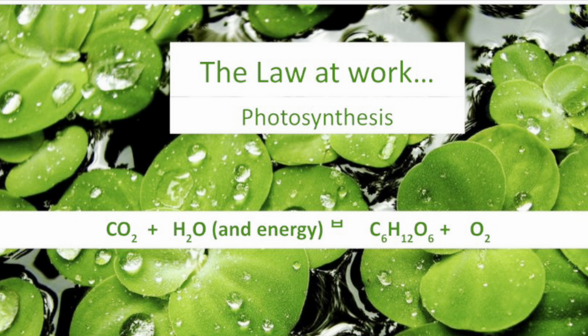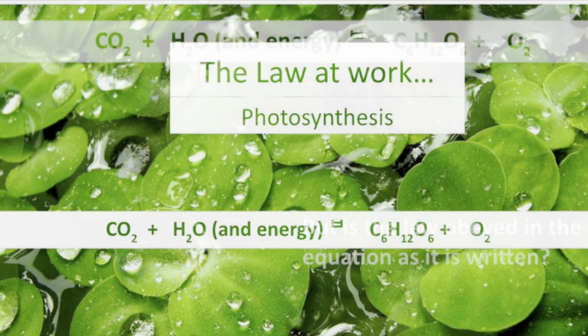Utilizing sunlight and some basic elements. So the formula for photosynthesis is this. It says that carbon dioxide and water, and there's also some energy required, are combined to form this molecule, which is glucose, basic sugar, and in the process, oxygen is given off as a byproduct, okay? That should be somewhat familiar to you.